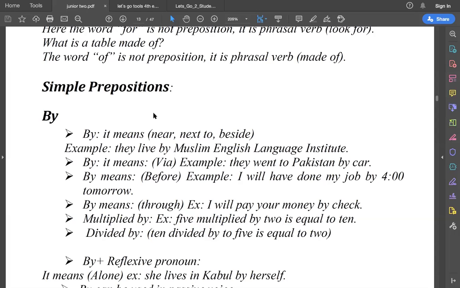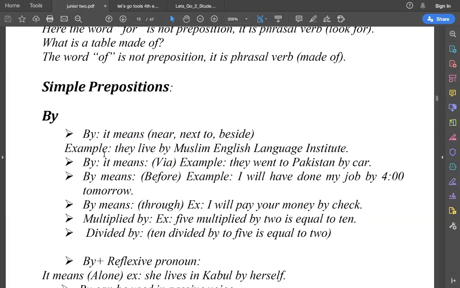Or you can say, can you come to see each other by our home? It means, can you come near our home? So you can use by instead of near or next to or beside, something close to something else.